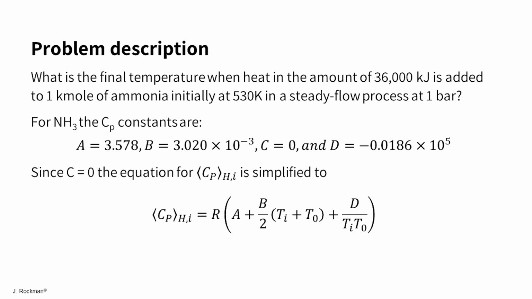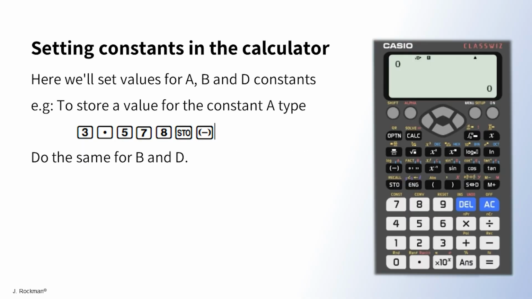For ammonia, the values of A through D are given as A equals 3.578, B equals 3.020 times 10 to the minus 3, C equals 0, and D equals minus 0.0186 times 10 to the fifth. Since C equals 0 for ammonia, the equation for Cp of H is simplified to Cp of H equals R times brackets A plus B over 2 times (Ti plus T0) plus D over (Ti times T0), close brackets.